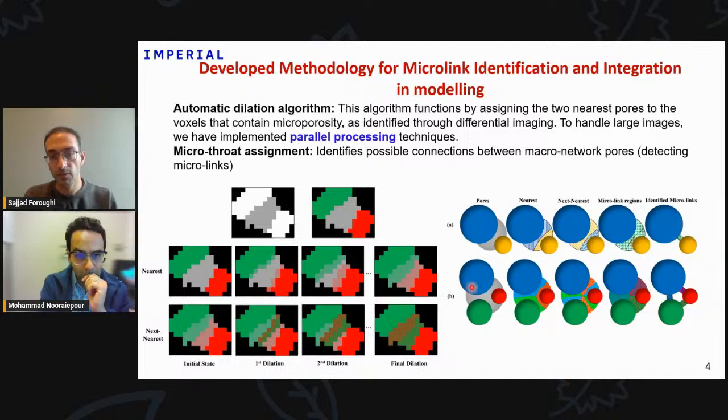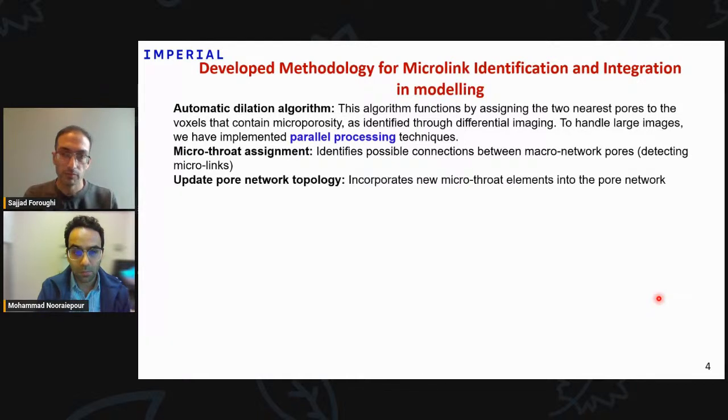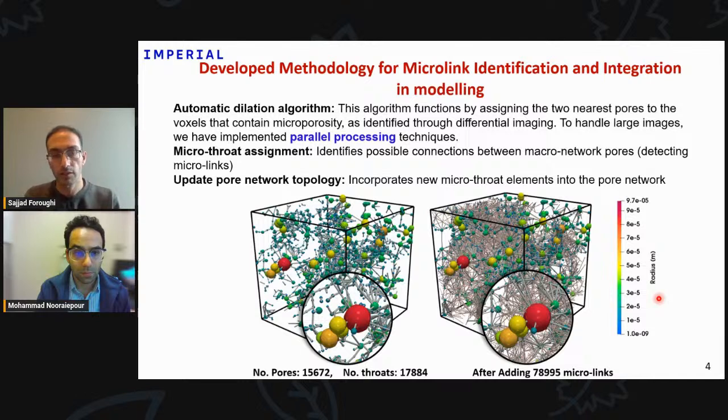This schematic is for the case where we have a microporous region between three pores, and we find three microlinks between these three pores. After characterizing the microlinks in terms of topology, we can include them in our network. Here is the network from the resolved pores, and here is the multi-scale network.